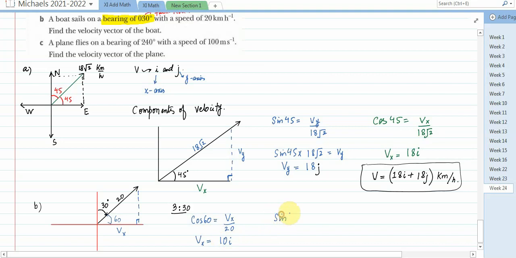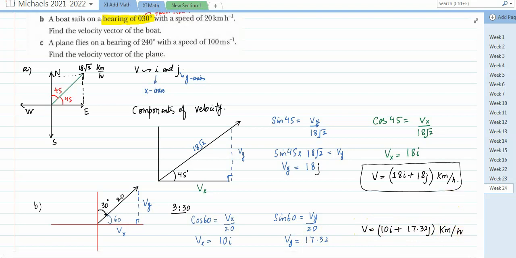So sine 60 is equal to opposite divided by hypotenuse, and this is the velocity of the y component. Sine 60 times 20 leads to 17.32. Velocity of y is 17.32. Now the final answer for velocity is equal to 10 i plus 17.32 j in kilometers per hour.